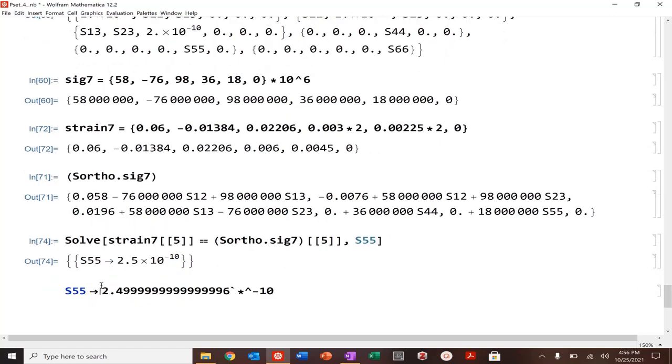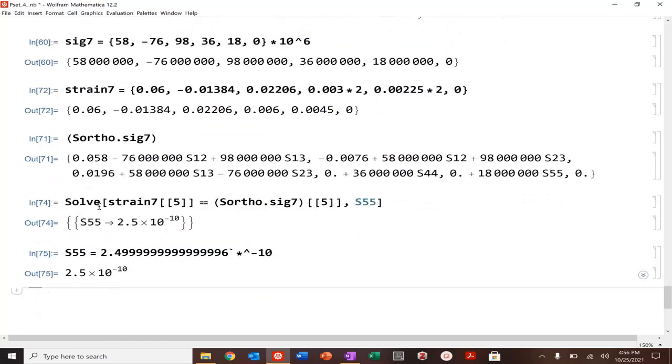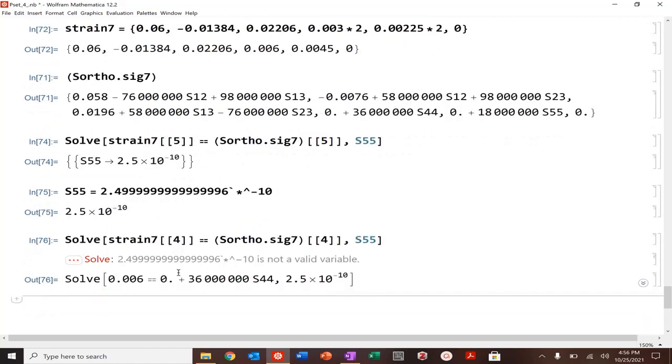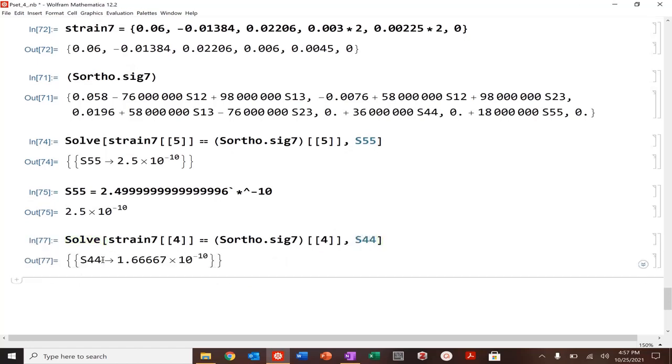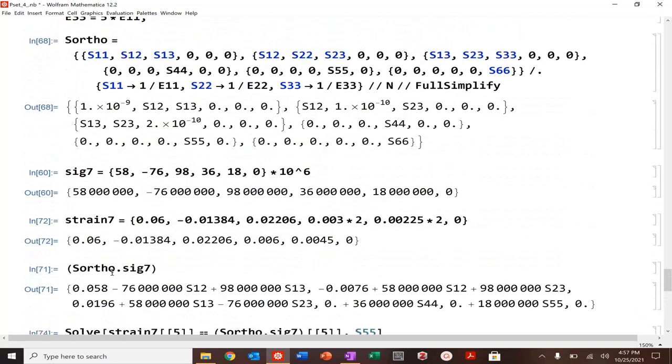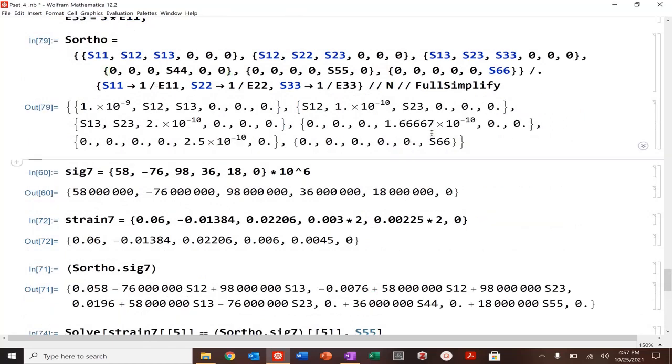So S55 is equal to this. I could do the same thing for S44. I'm just pulling out the fourth equation because these give me nice, basically linear equations. I don't want S55, I want S44. S44 is equal to this. And now I've started to fill this out quite a bit.